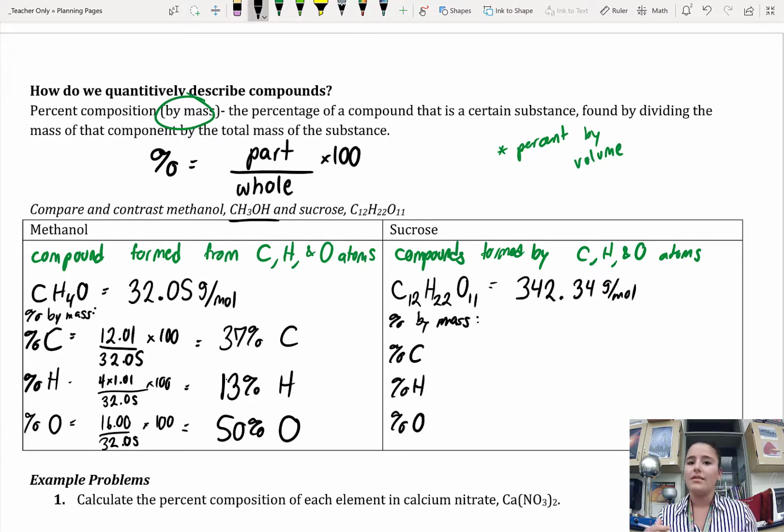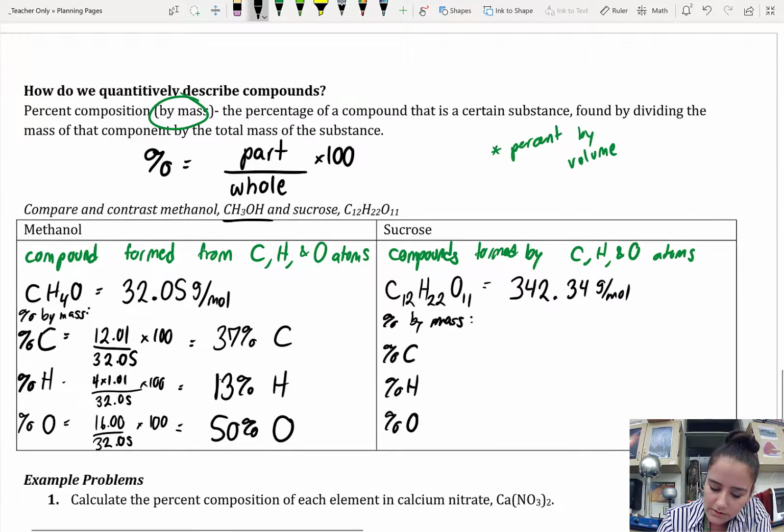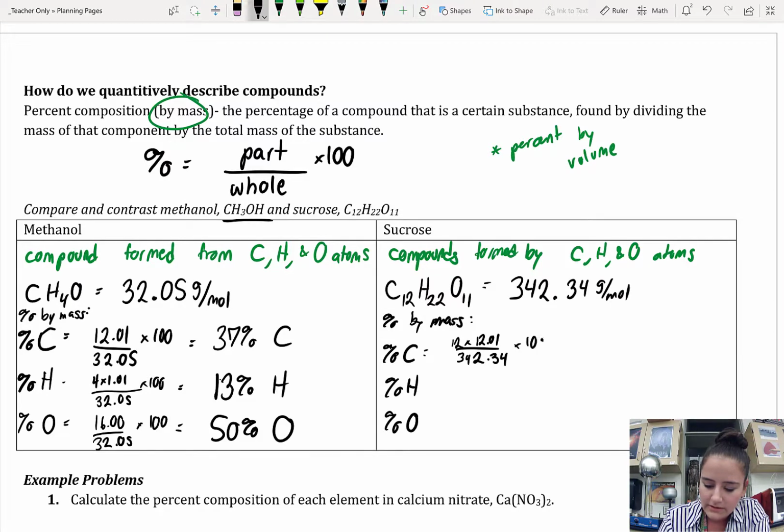Okay, let's go ahead and do the same thing, but for sucrose. So we have 12 times 12.01 over the whole, 342.34, and then times it by 100 to get it in percent form.